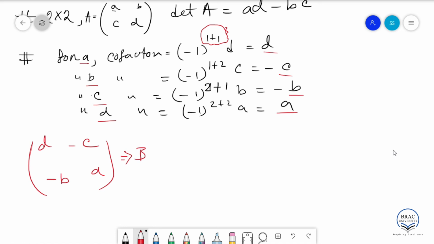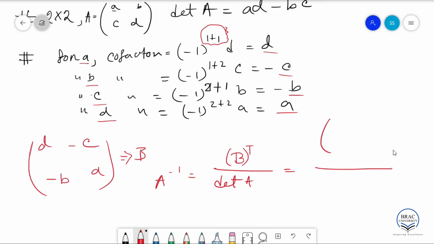Now to get the inverse of A, you need to take the transpose of B, that is B transpose, and then divide by the determinant of A. So the matrix coming from the cofactors, you have to take the transpose of it.